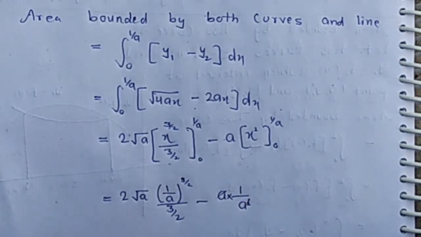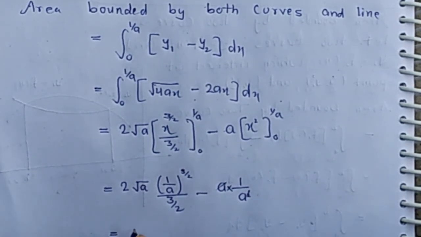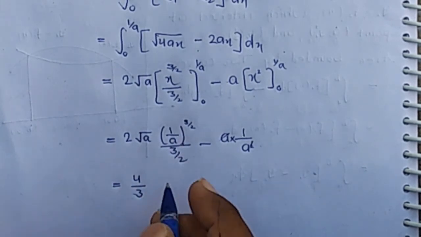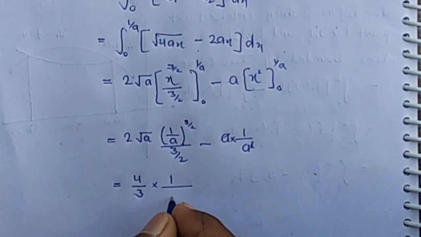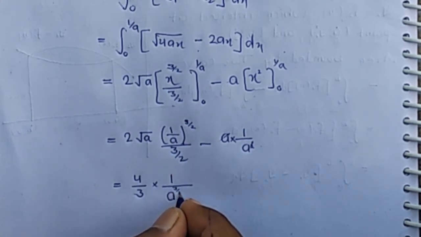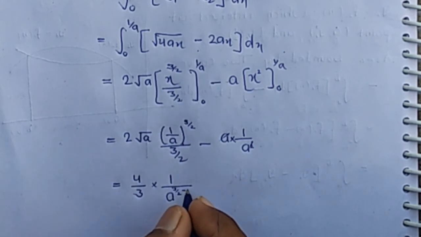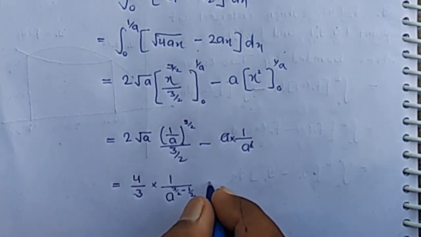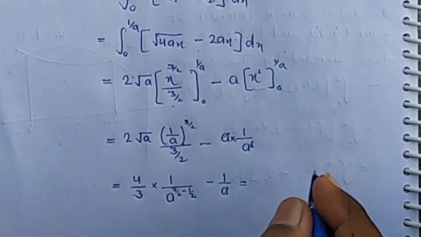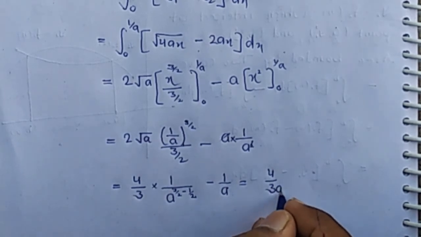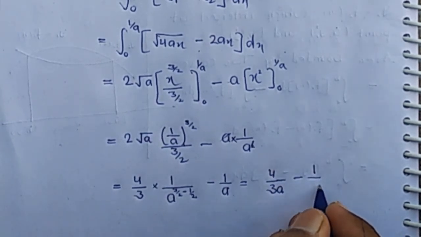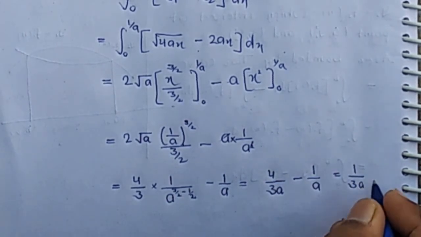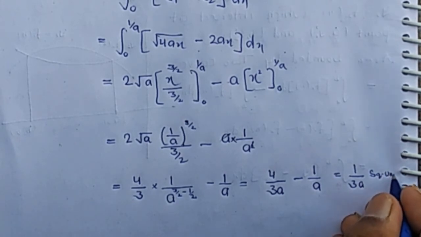The a's cancel out, and it is 4 by 3 a to the power 3 by 2 in the denominator and a to the power 1 by 2, meaning 1 by a to the power minus half, minus 1 by a. That gives 4 by 3a minus 1 by a, which is 1 by 3a square unit.